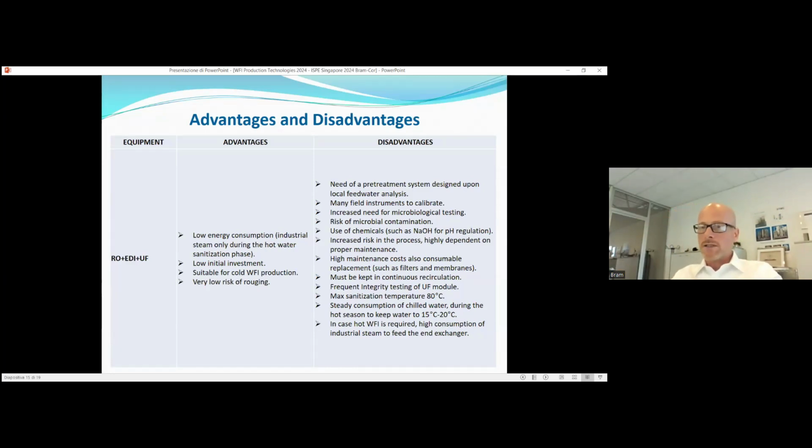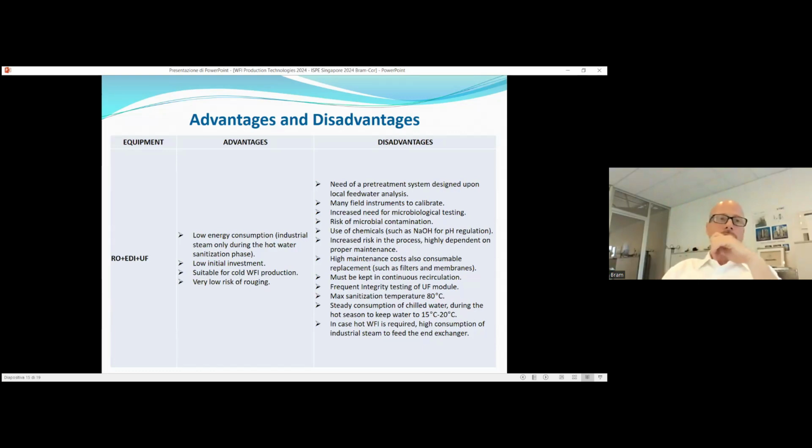In the vapor compression distiller, we have seen that you do not need a reverse osmosis plus electrodeionization, but something less. But in any case, you have reverse osmosis, a recommended pretreatment, and the distiller itself. It is clearly fantastic for the cold WFI production.